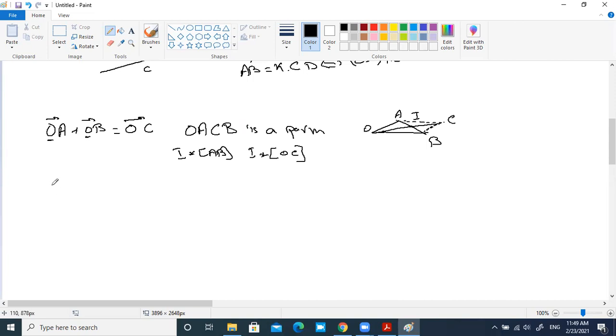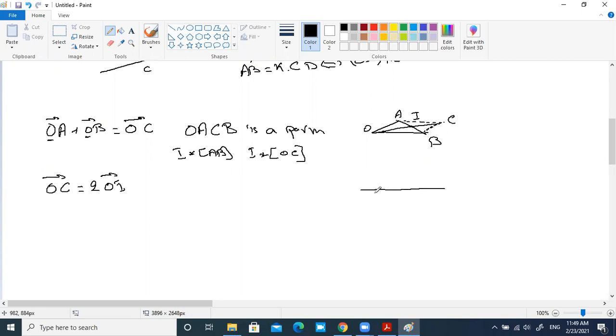What can I say about vector OC and vector OI? How can you write OC in terms of OI? It's 2 OI. Why? Because I is the midpoint of OC.